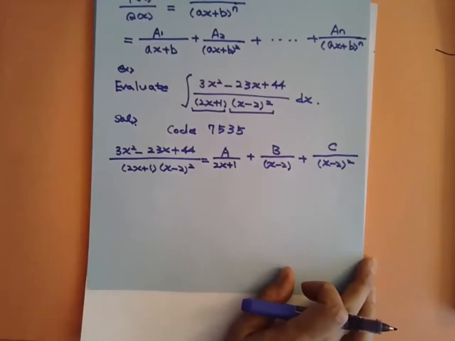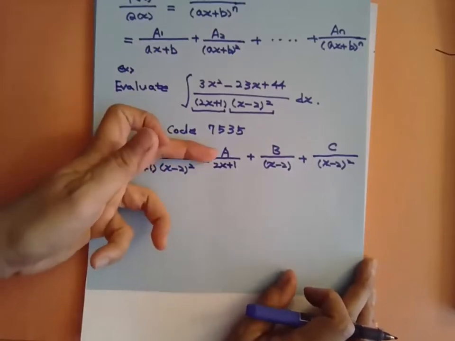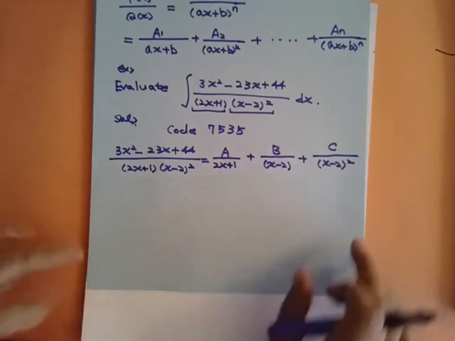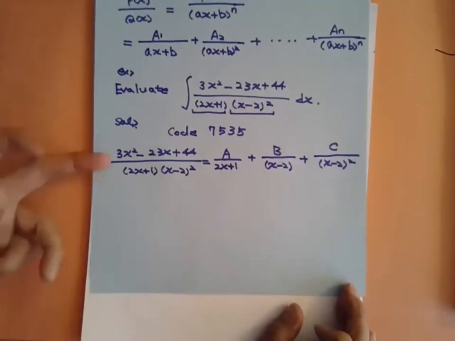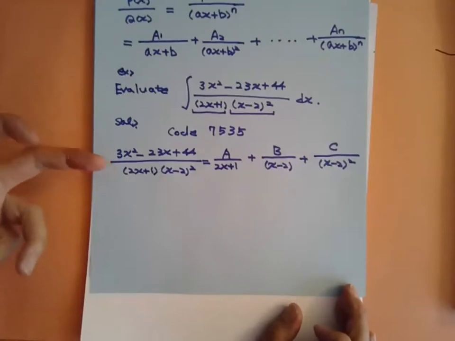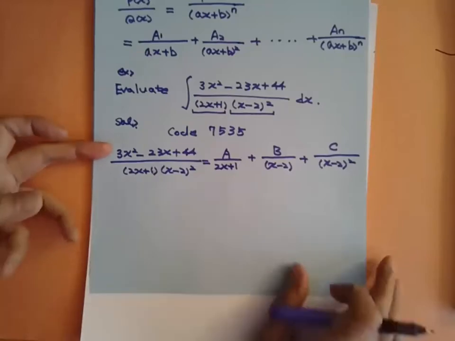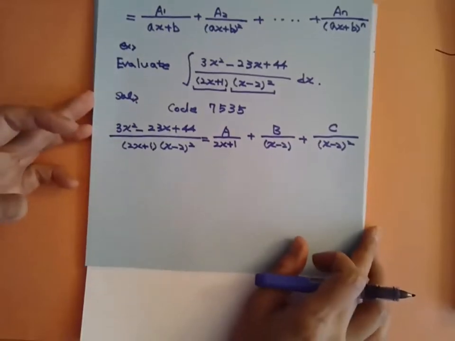We will think about the common denominator. And then after we combine all those together, we will compare the coefficient of x squared, x, and constant term with the fraction we started from.